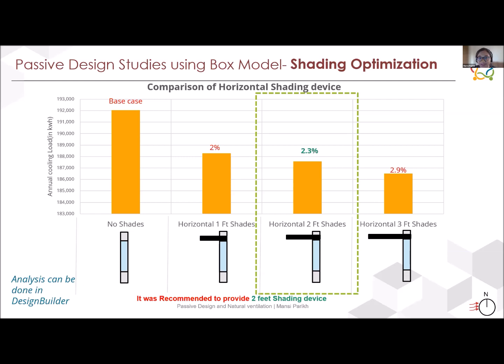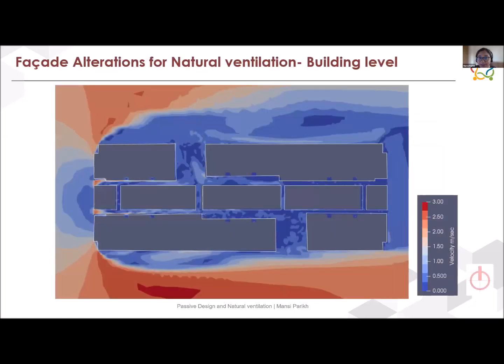In this particular case, the difference between both the cases was not very significant, so that was the reason we suggested 2-feet shading devices. There are possibilities that there will be a lot of back and forth, and whatever you say to the clients or the architects, they might not take it up, and then you find a middle ground and proceed.